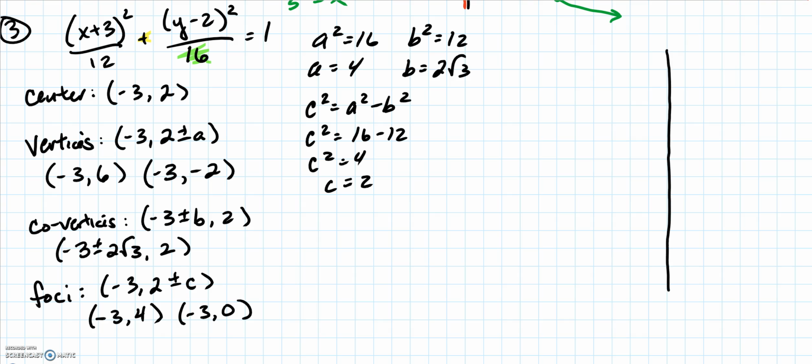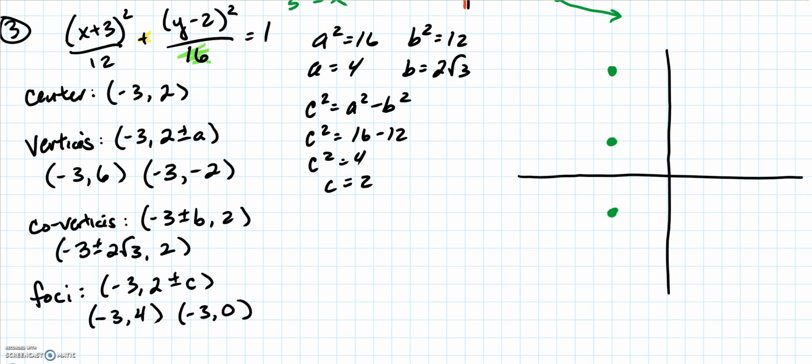remember this is an ellipse, so it should be kind of circular. So we plot our points. My center is at negative 3, 2. I've got a vertex at negative 3, 3, 4, 5, 6, and another one at negative 2.